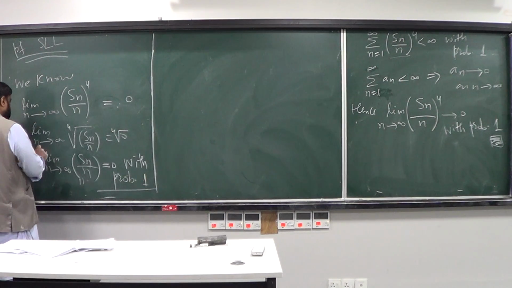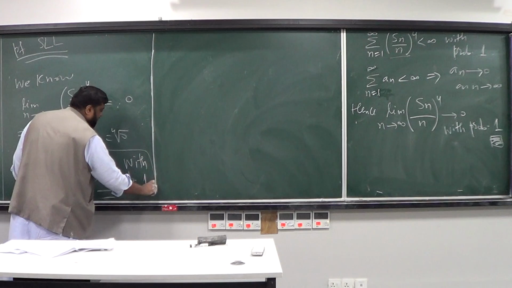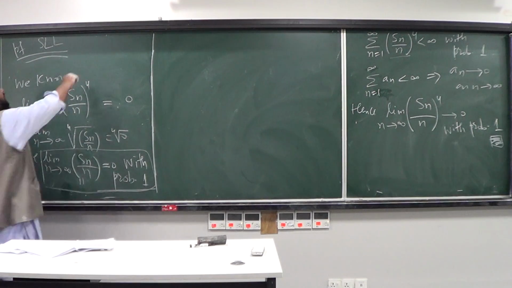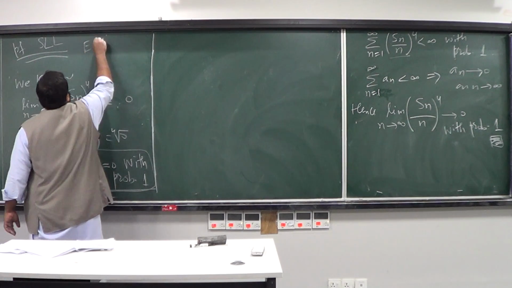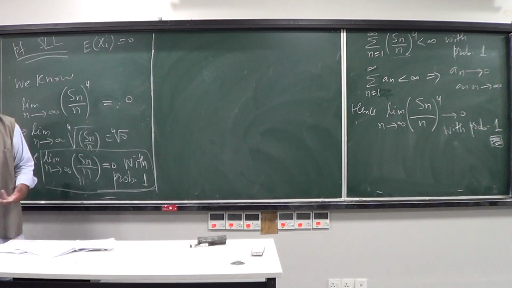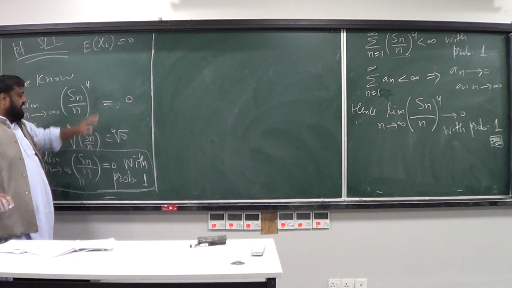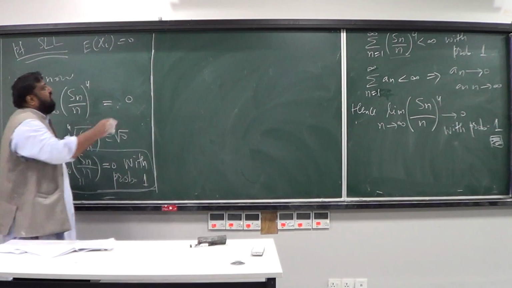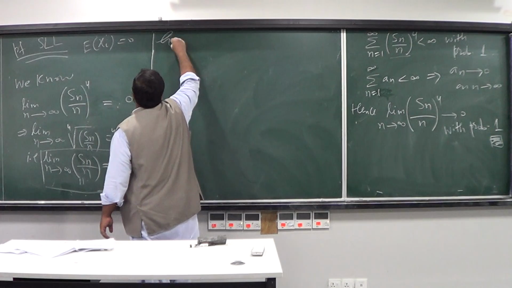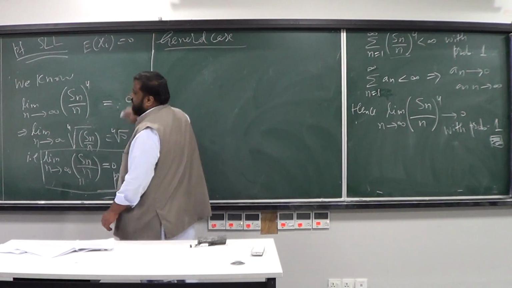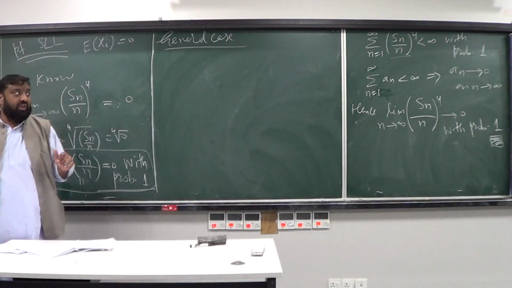And this really completes the proof of the strong law of large numbers in the case when the expectation of the xi's is 0, or if the expectation of some sequence is 0, then this is true. Now we're going to do the proof in the general case. And it's really peanuts, you can quickly prove it.